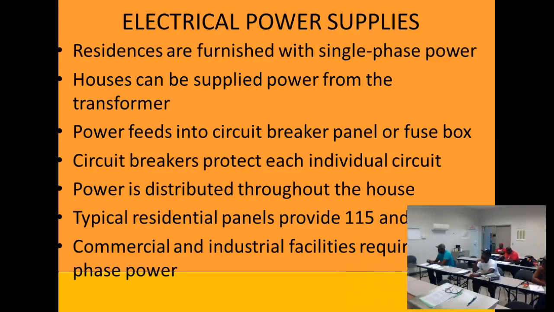And they're going to generate a lot more than we use, 120, because they're going to step it down. When they transmit it, they lose a lot of power. So they start real high, but by the time we get to 120, that's what they do. So we got a single phase power in the house, but that's not enough.